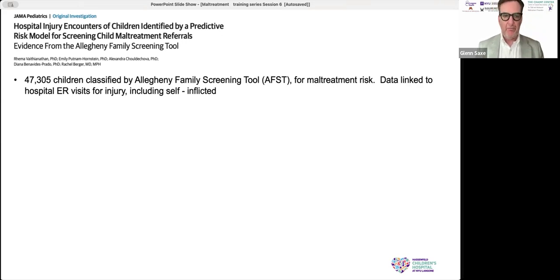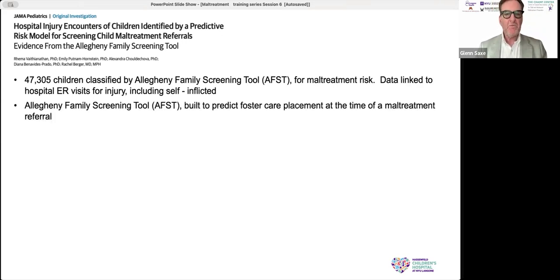So it's a really interesting study. Just to say a little about the Allegheny Family Screening Tool, when a report is made about possible maltreatment, the screening tool is used, and the outcome is predicting whether this will end in foster care placement.